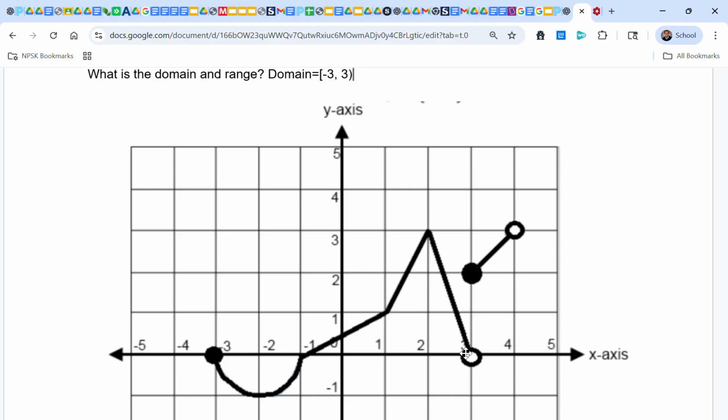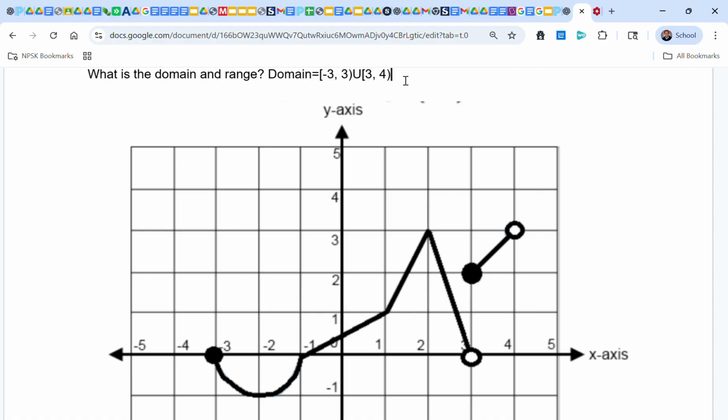And then to denote the domain here, we're going to use this union symbol. What this union symbol means is that x takes on all of these values, and it could also take on these values over here. It includes 3, that's my x coordinate right there, and it goes all the way to 4, and it's open at 4.